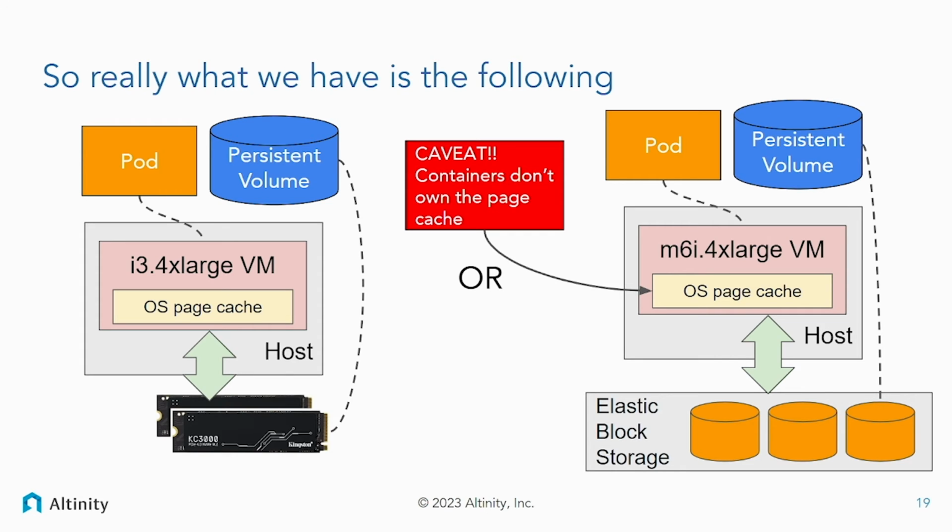Also, if there's a bunch of containers, maybe I'm not the only container running on this VM. Other containers are also depending on that page cache. So if I'm running a database, I need to be very careful that I'm not contending for this really precious resource that affects performance. So we have to actually adapt things a little bit even to test in this situation.